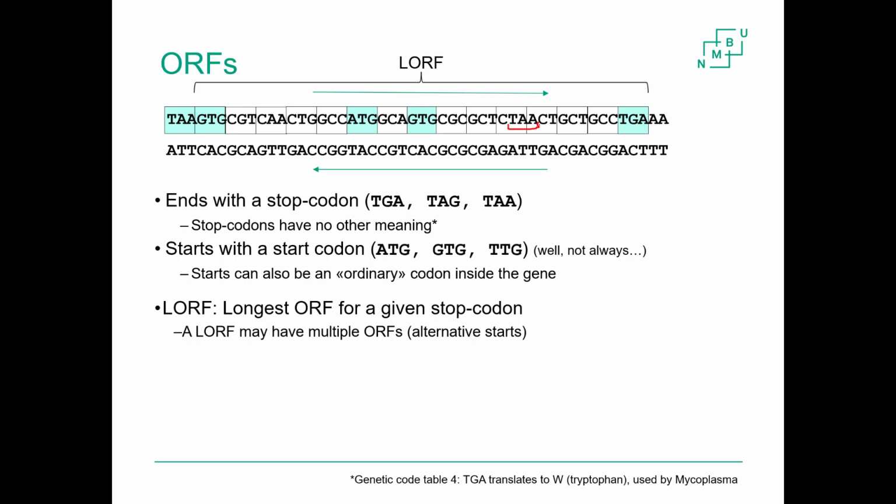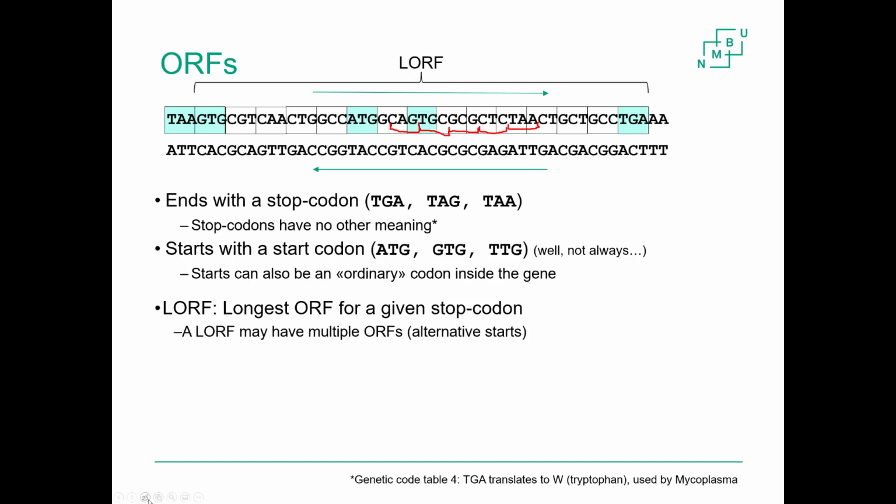The TAA here is also a potential stop codon, right? But in a different reading frame. And now we have to trace triplets upstream from this one again, here and then here and so on, right? And you can see this will not be the same triplets because we are now in a different reading frame. And so on. So we can go hunting for more ORFs here now.